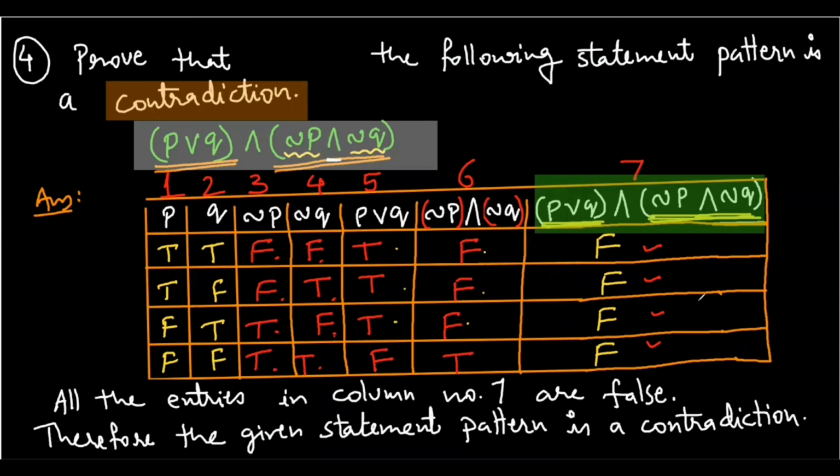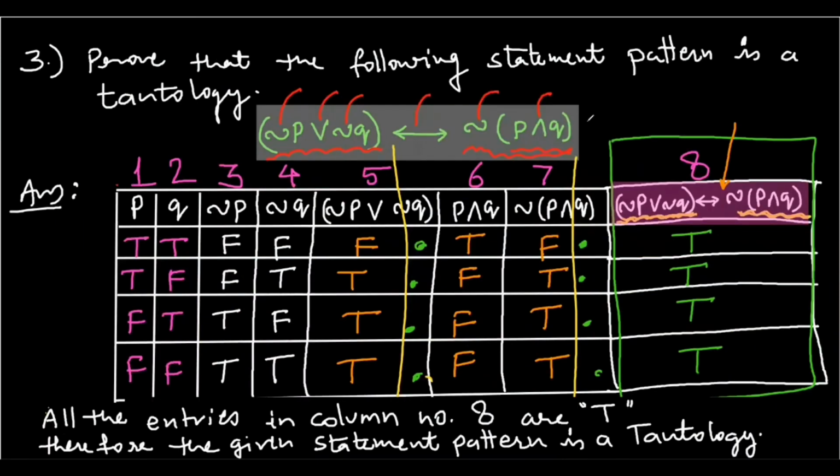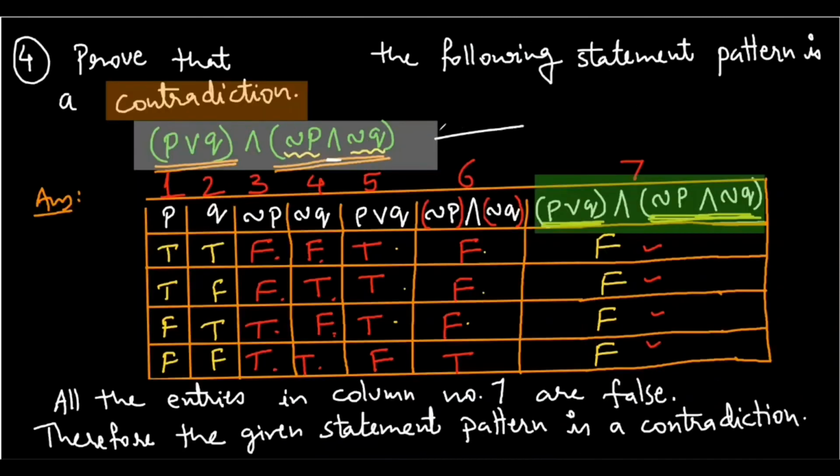So the way we proved for a statement pattern to be a tautology, and here we proved that a statement pattern is a contradiction. We can also, for a given statement pattern, prove that it is a contingency.